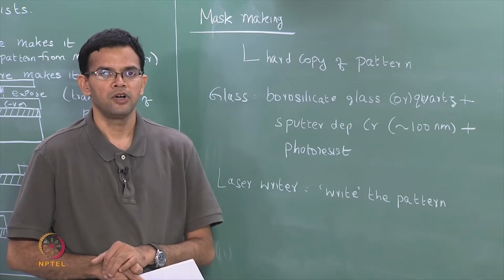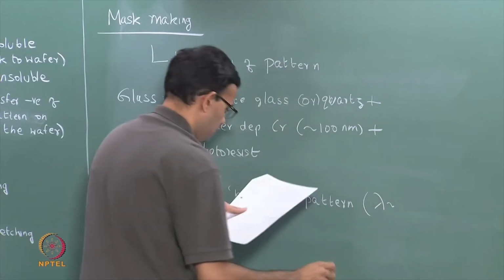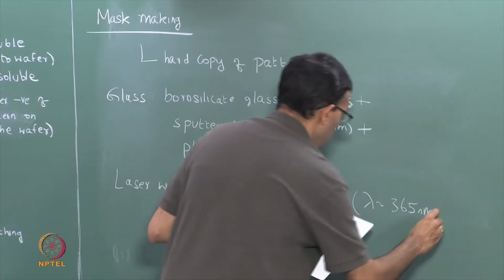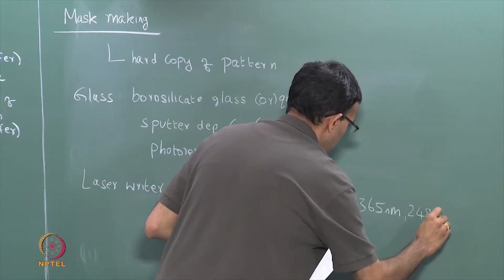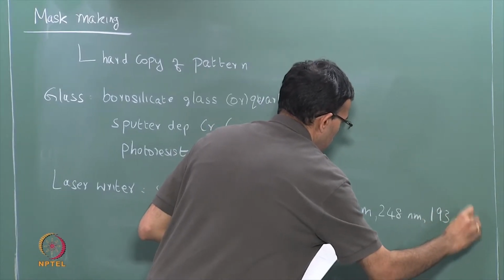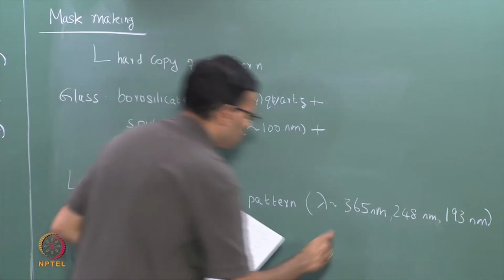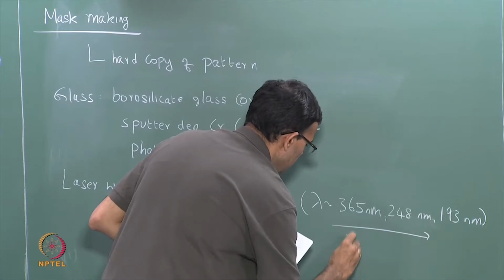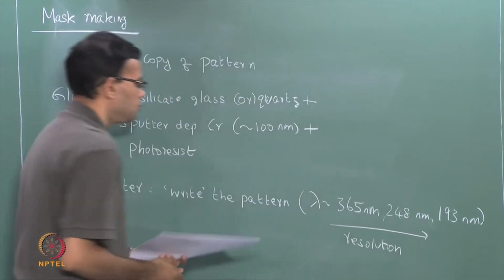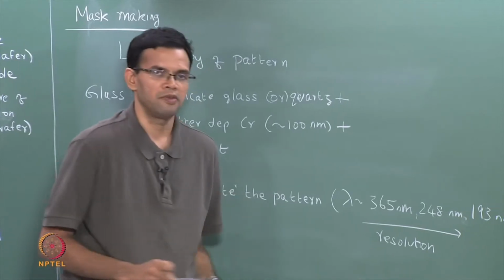The laser light can work at different wavelengths. Some typical wavelengths used are 365 nanometers, 248 or 193. The first two are in the visible region, the last one is in the UV region. The wavelength defines the resolution of the features on the mask. So if you want to write finer and finer features, then you go for a smaller wavelength.